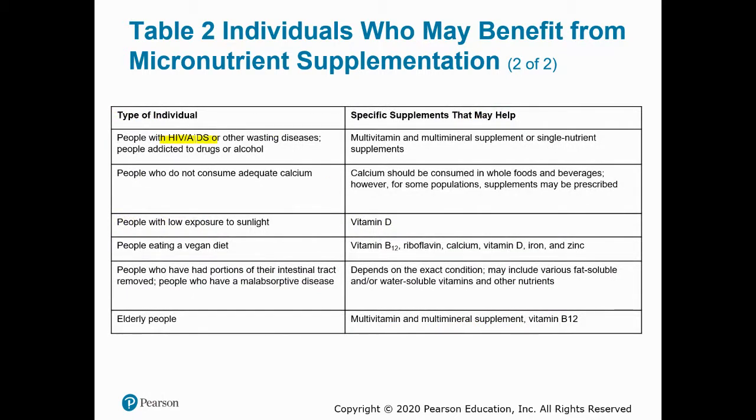Anybody who has HIV or AIDS or any other wasting diseases, anybody who's addicted to drugs or alcohol, again, multivitamin supplementation can be really helpful. I don't think they put it here, but, oh, no, it is sort of: people who have had portions of their intestinal tract removed. So again, anyone who's undergone bariatric surgery, or anybody who has a malabsorptive disease.